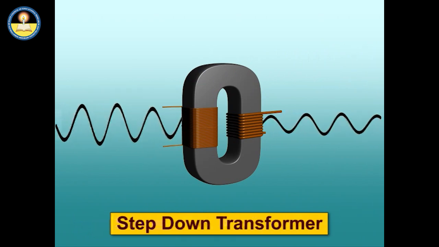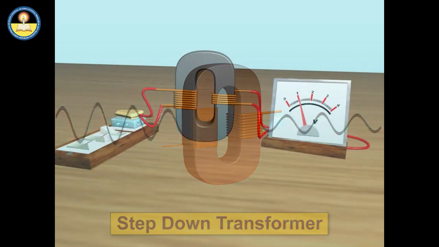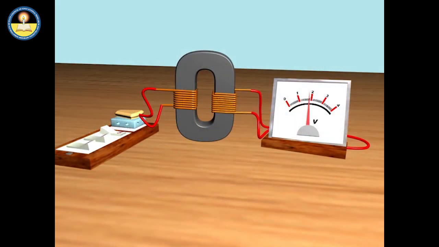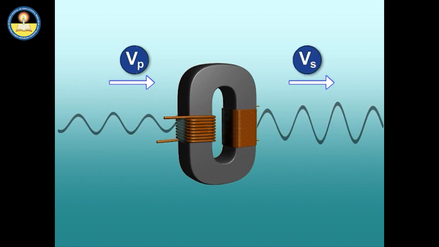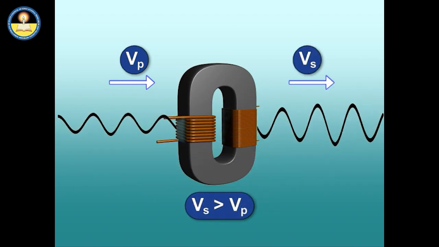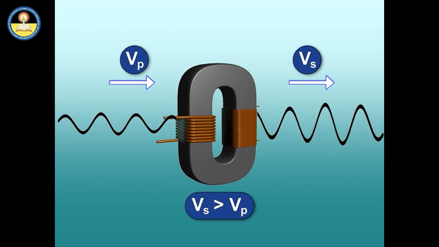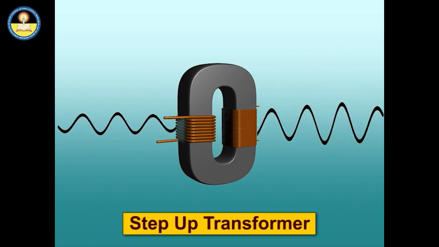It is then called a step-down transformer. On the other hand, if the number of turns in the secondary coil is more than the primary coil, the output voltage is more than the input voltage. In this condition, it is called a step-up transformer.